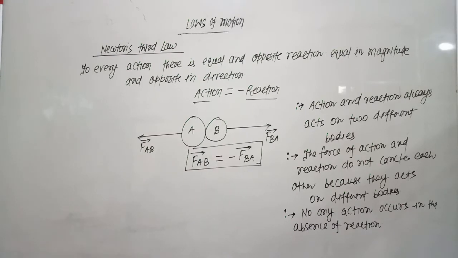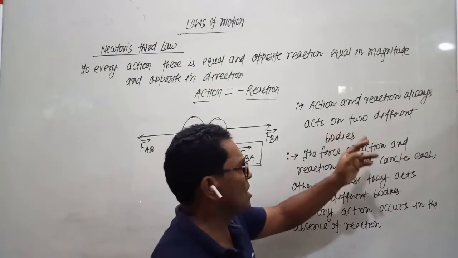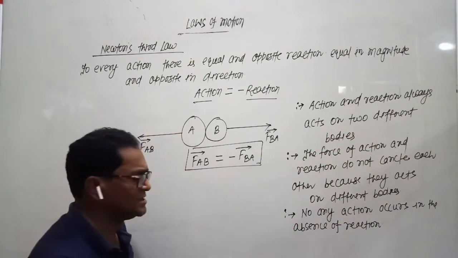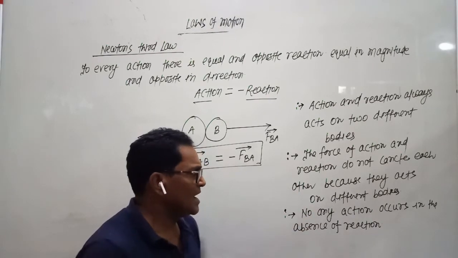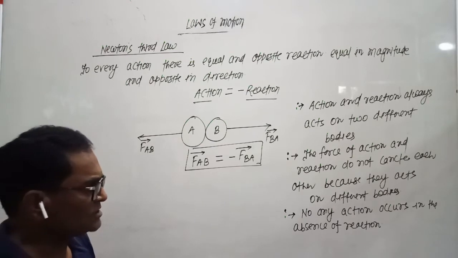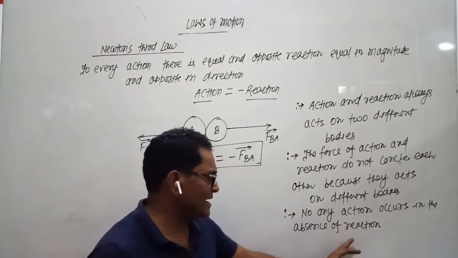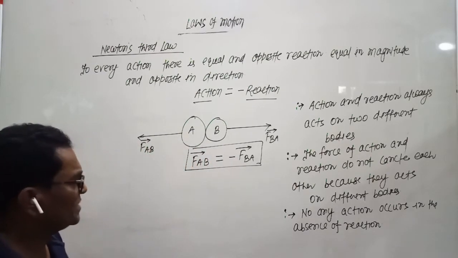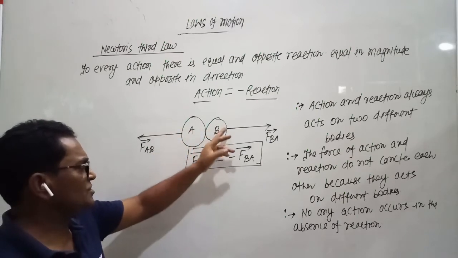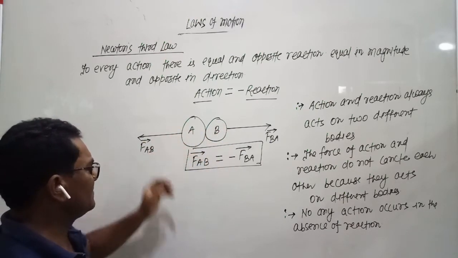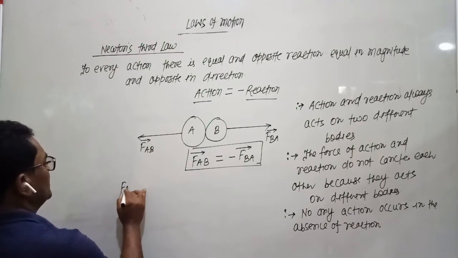An important point is that action and reaction always act on two different bodies, and the forces of action and reaction do not cancel each other because they act on different bodies, and no action occurs in the absence of reaction. If there are two bodies A and B, then FAB means force on body A due to the body B.